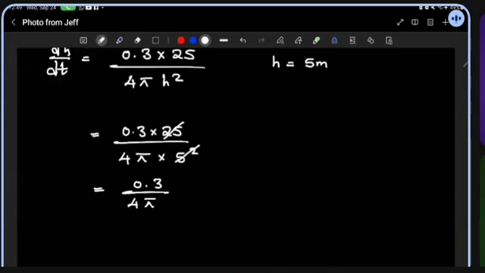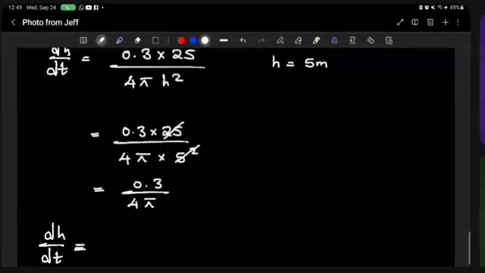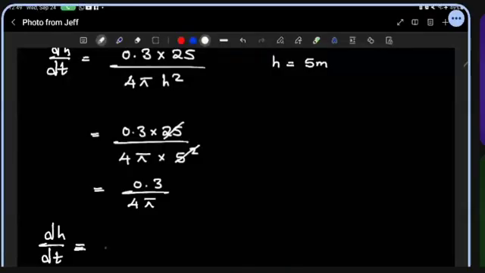What will this be? So that's 0.024. The units, since the volume had meter cubic per minute, that was the volume.